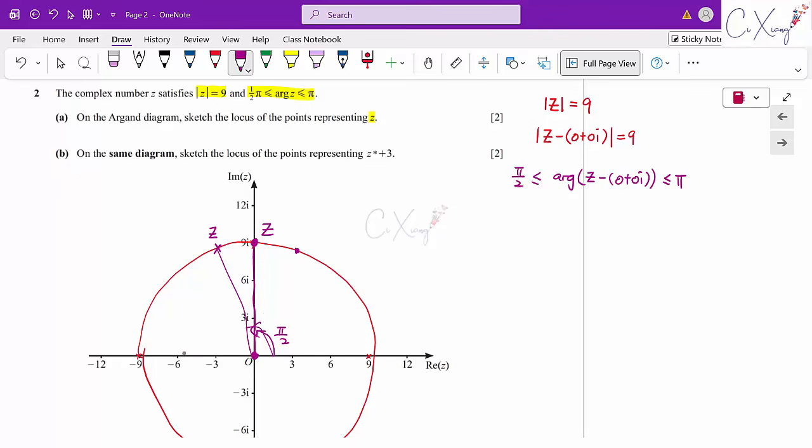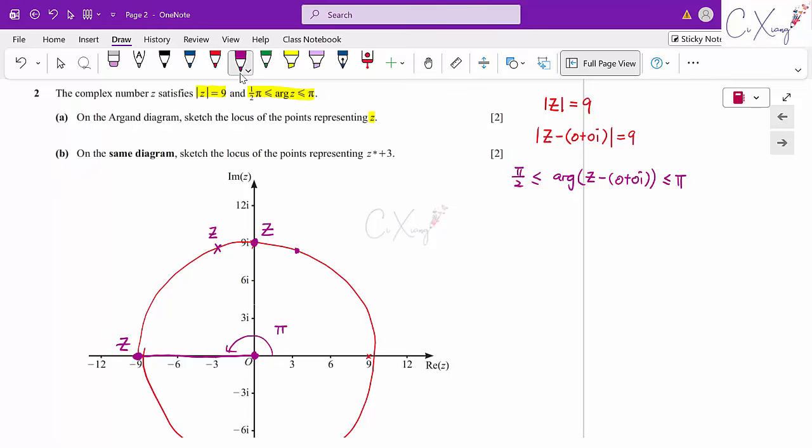So if you try all the points of z, you will realize that the final z that you should get is this one. Because when I draw this z and connect it with the 0, 0, the angle between the positive x-axis to the z is actually a pi.